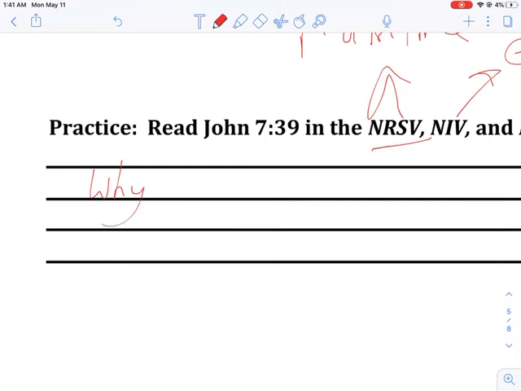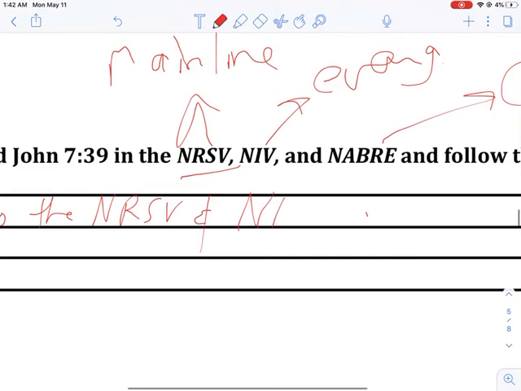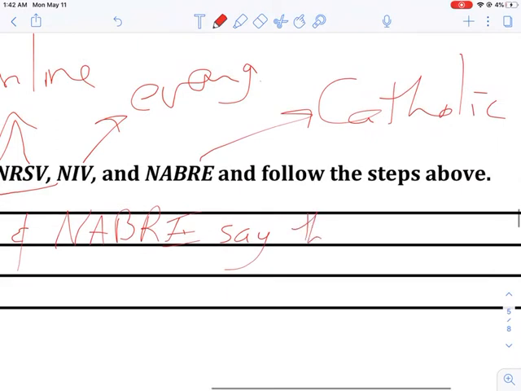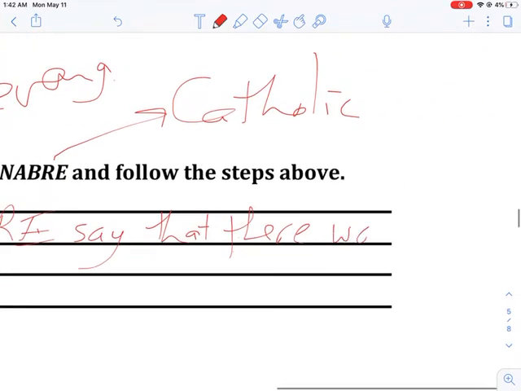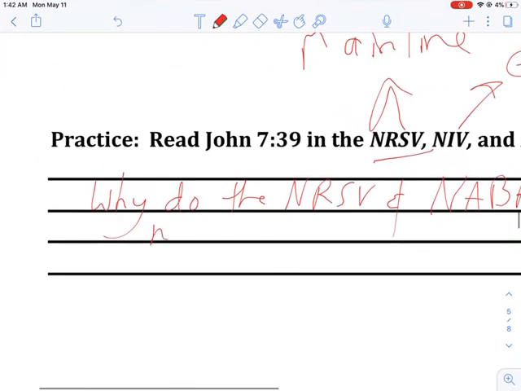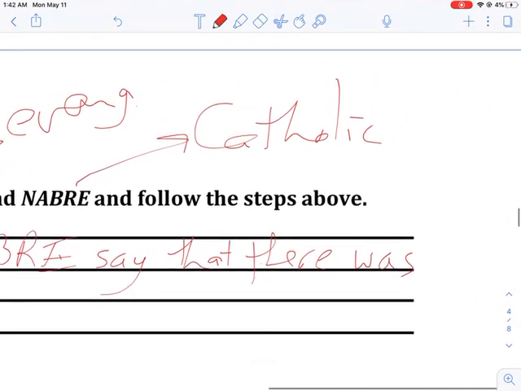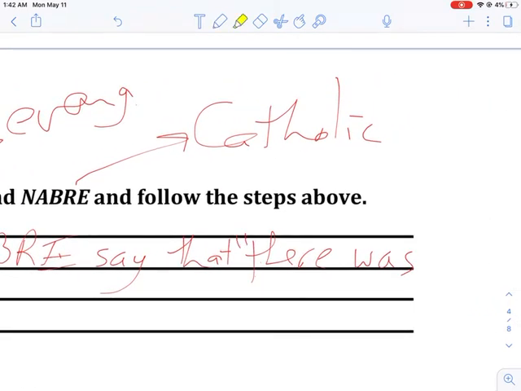Why do the NRSV and NABRE say that there was no Spirit yet?